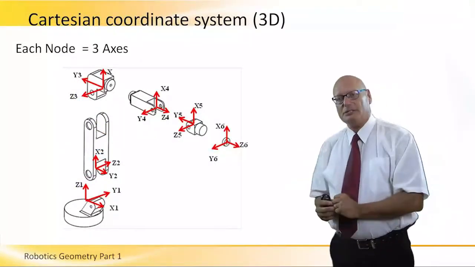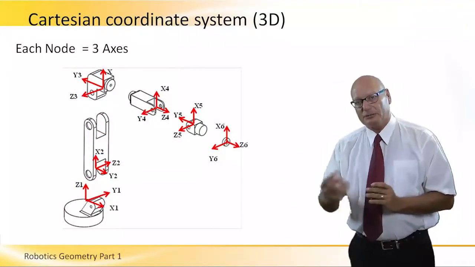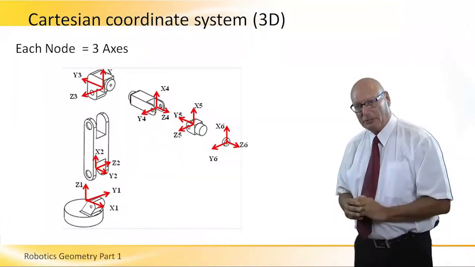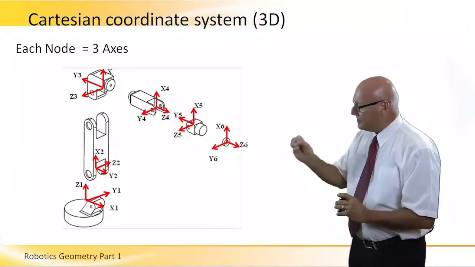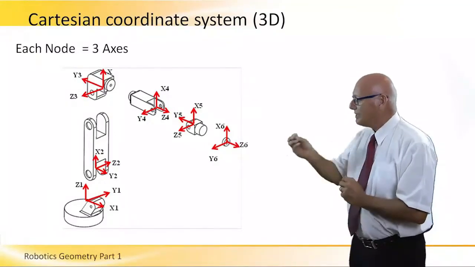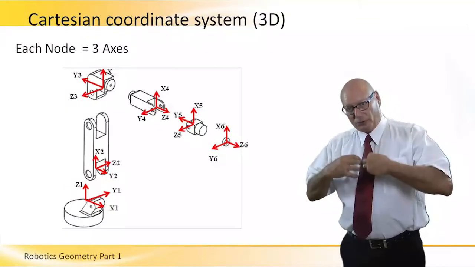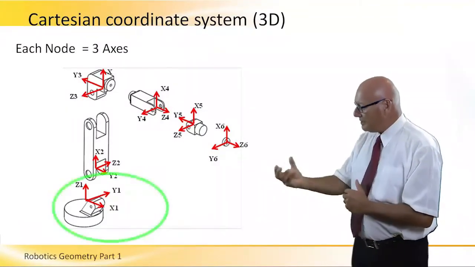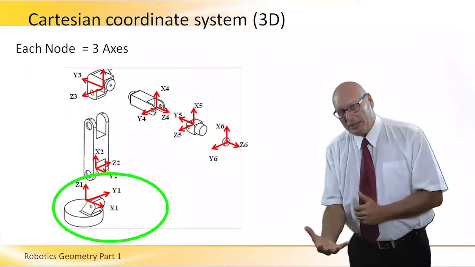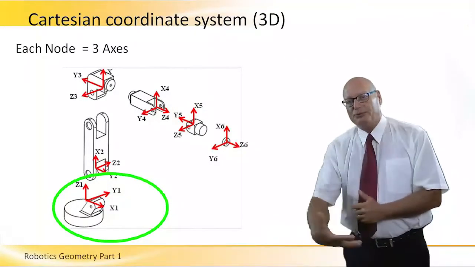And let's take this 3D Cartesian coordinate system that we just learned a couple of slides ago and apply it to robotics. The robot basically consists of nodes. Each node has its own 3 axes. The base node, x1, y1, z1, is the one that rotates and moves the entire robot.